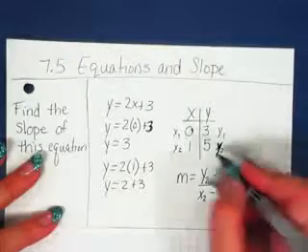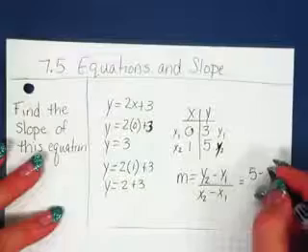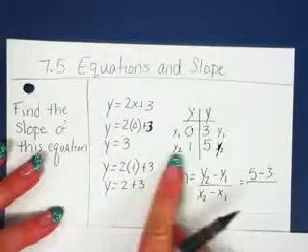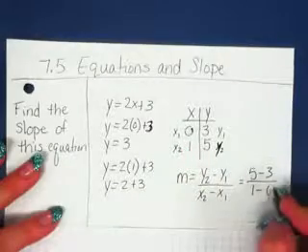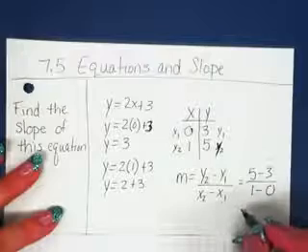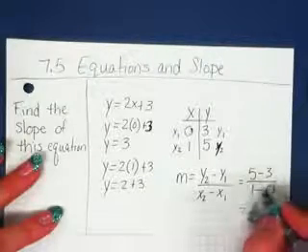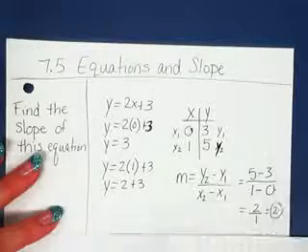So y sub 2 is 5, y1 is 3, x2 is 1, and x1 was 0. So now 5 minus 3 gives me 2. 1 minus 0 gives me 1. So my slope is 2.